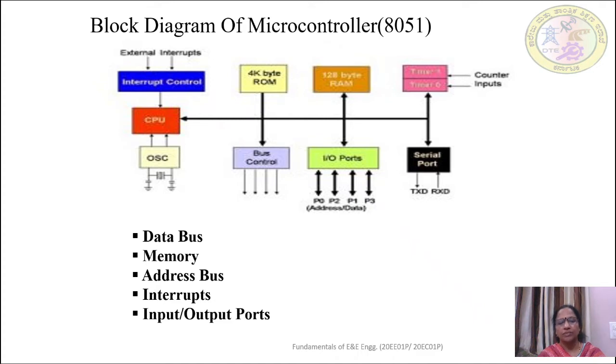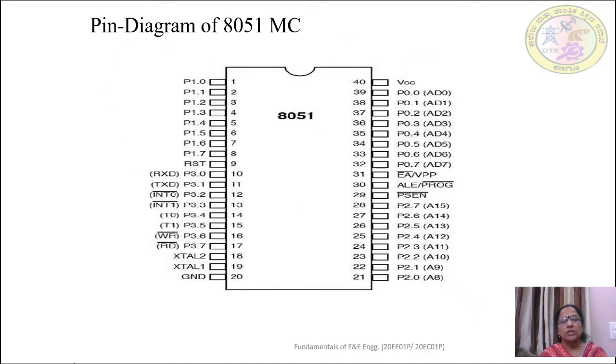Students, this is the pin diagram of the 8051 microcontroller. In the pin diagram, you can see the 8051 microcontroller. It contains a total of 40 pins, and among these 40 pins, some pins are used as input output pins, for port 0, port 1, port 2 and port 3.